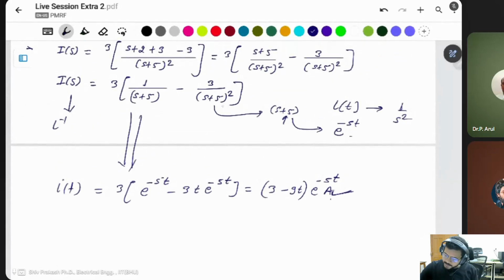The square term means t is there, and the remaining is the same, e to the power of minus 5t. It is too difficult to find the time constant in time domain. In time domain you have to solve the differential equation to find the value.